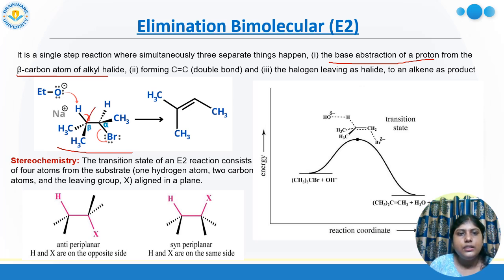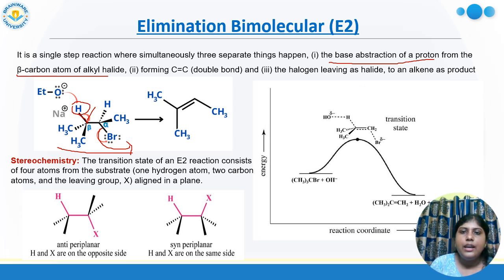Now the base OEt minus abstracts this beta proton. Then the C-H bond will break and C=C double bond will form and the leaving group is removed from the system. And this is the formation of alkene.